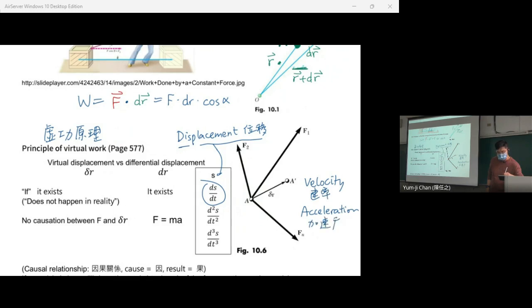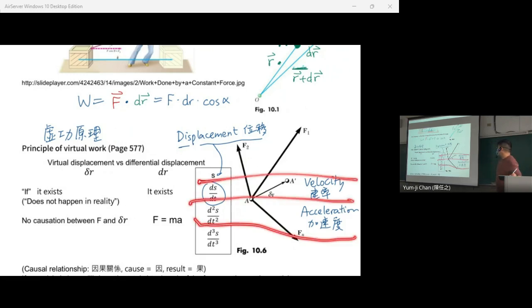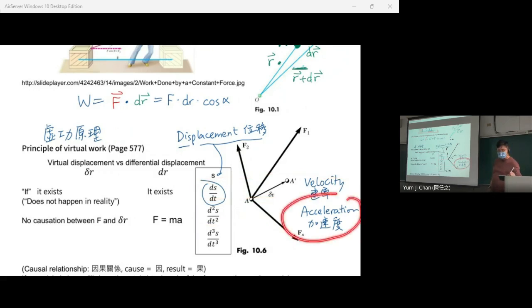And this is what you have learned at high school, velocity and acceleration. But next year, in your kinematics, we will have another term that is the derivative of acceleration, which is called jerk.